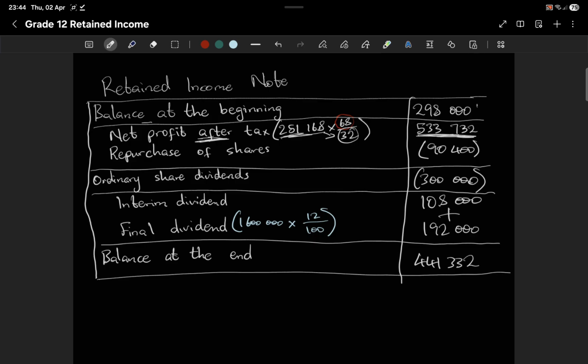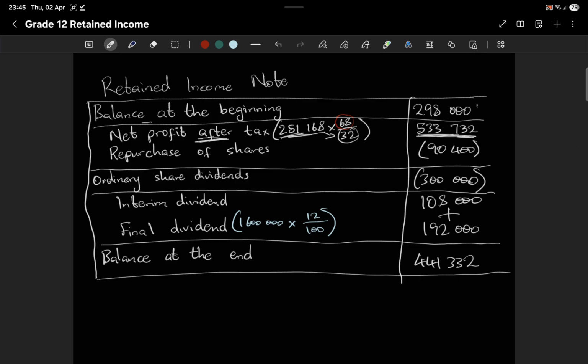Then we minus the repurchase of shares, because whenever the business repurchases shares, it is an expense of the business because money is going out. Then we have the ordinary share dividends, which include interim dividends and final dividends. We put the amount for dividends in brackets because money is going out as we pay the shareholders.